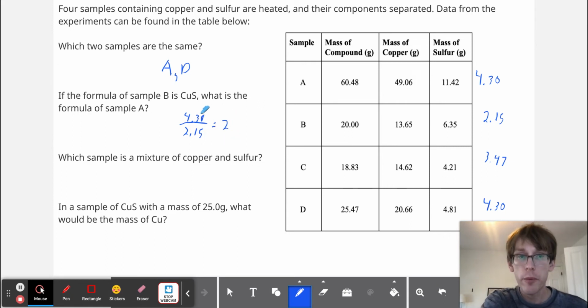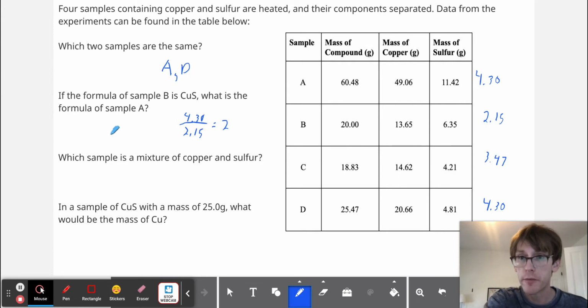That 4.30 is the mass of copper per sulfur in compound A, and the 2.15 is the mass of copper per sulfur in compound B. By dividing these ratios, I get the ratio of the ratio, which is 2. This means there is twice as much copper per sulfur in compound A as there is in compound B.